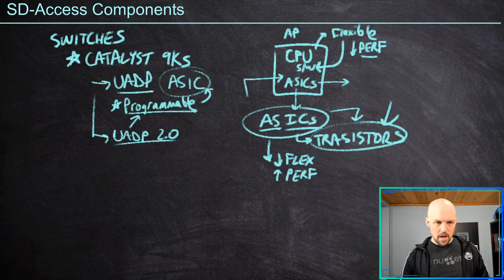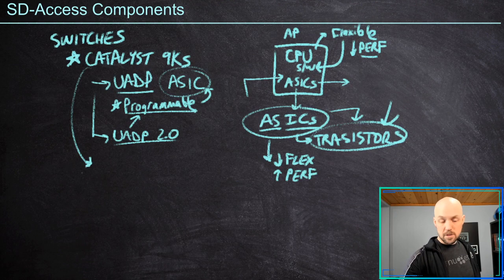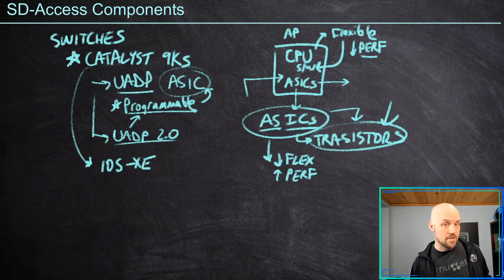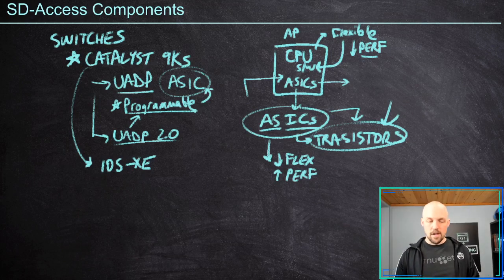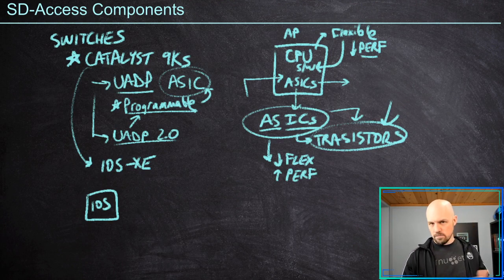What else? So this isn't SD-Access related, but something to keep in mind from a Catalyst 9K perspective is that we are running IOS XE. Now, for those who don't know, the way IOS XE works is when we talk about Cisco IOS, the operating system that's running on these devices, it used to be that IOS was essentially the entire software package.